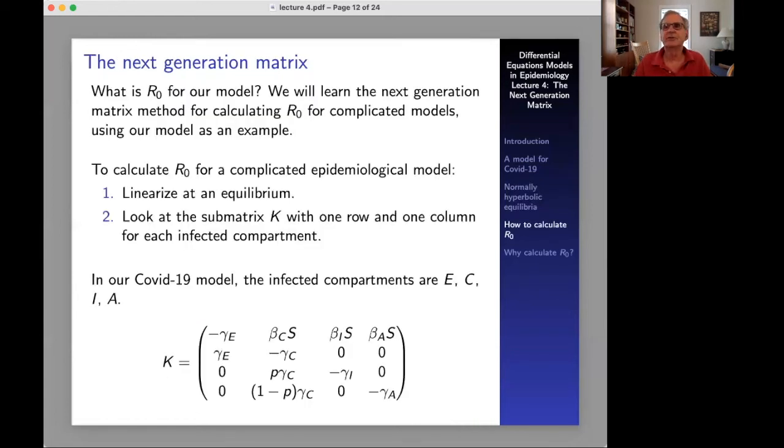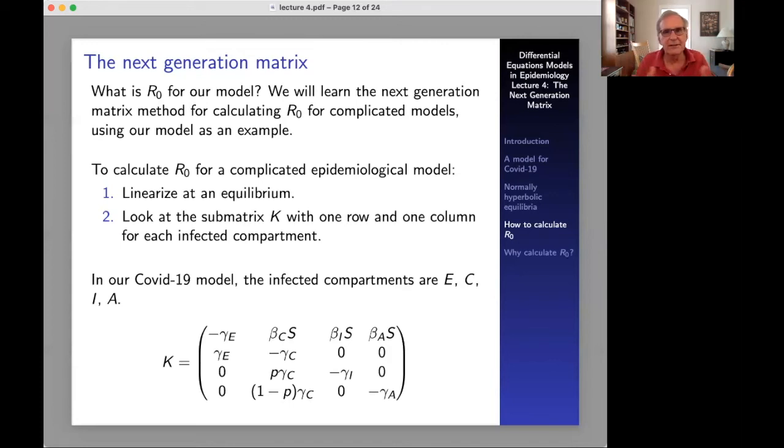The next thing we're going to do is look at the next generation matrix, which is a method for computing R0 in complicated models of epidemiology, like the one we've got. And it also gives information about the stability of all those other equilibria.